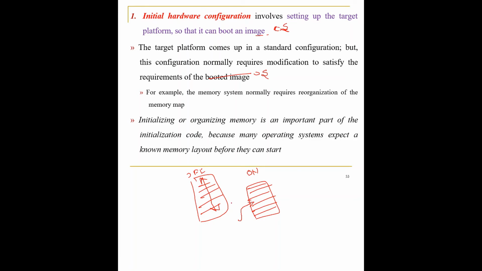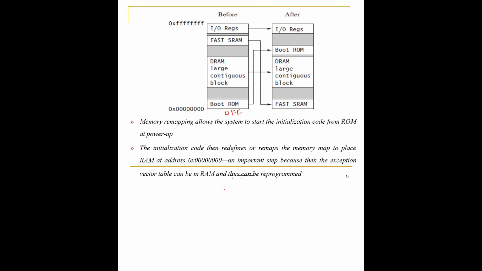This is your first initial hardware configuration. Hardware means it's the memory, right? So it is done here. Memory remapping allows the system to start the initialization code from ROM at startup. So here, your initialization code will be stored.